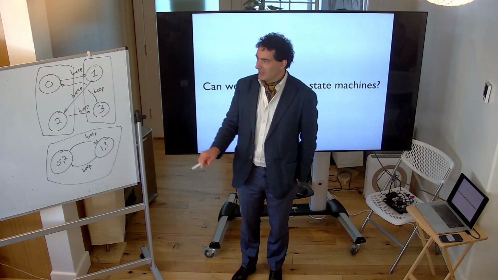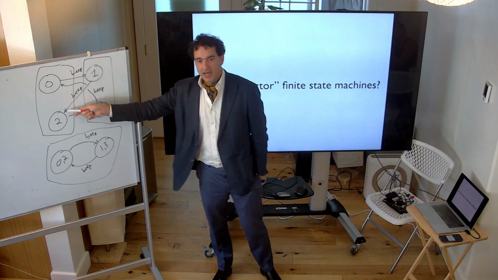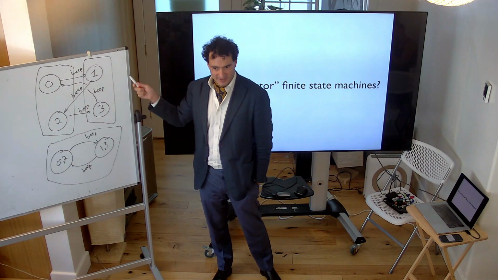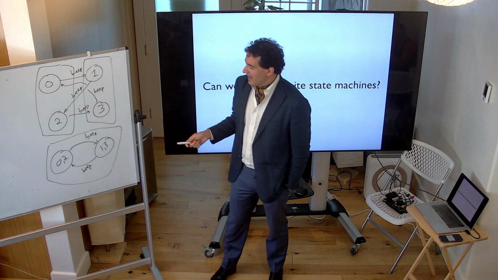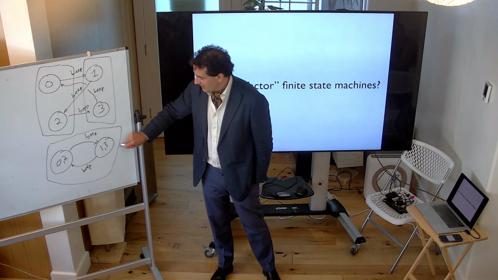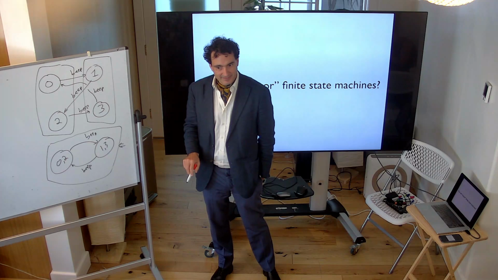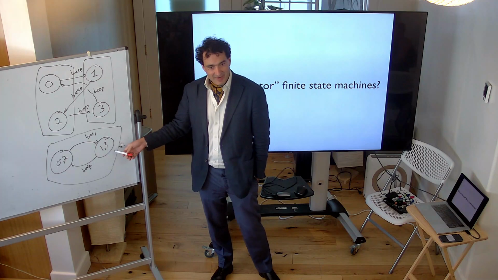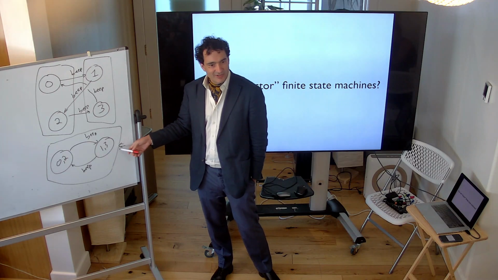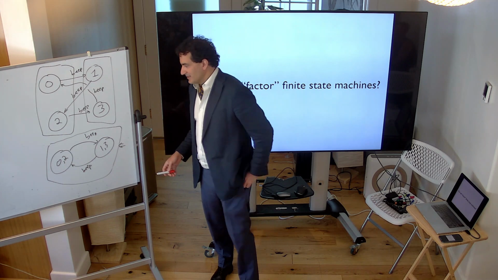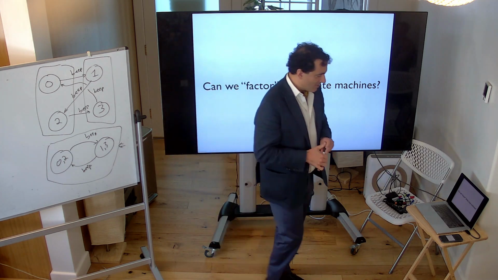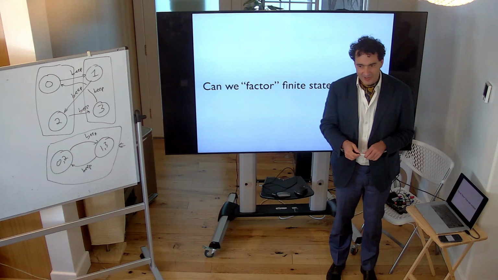So I've taken this finite state machine, an incredibly complex, difficult calculation, and I've coarse-grained it. I've made a simpler machine. This machine, you may have noticed, just tells you whether it's even or odd.